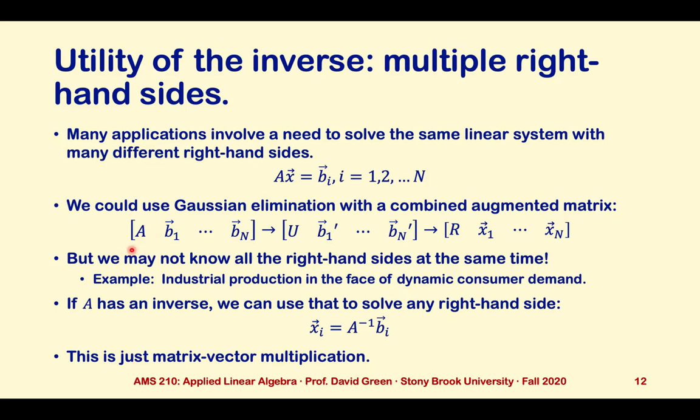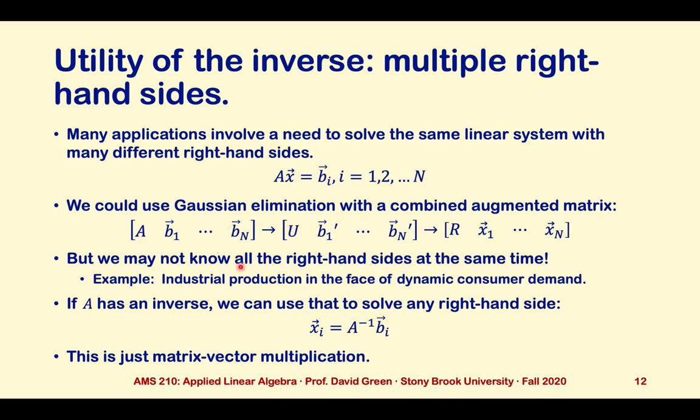We can make a block of A, a block of B1, B2, and so on. And we can carry through Gaussian elimination first to an upper triangular form with modified right-hand sides, and then through to our reduced row echelon form, which has essentially our solutions in those last blocks, at least if there was a unique answer anyway.